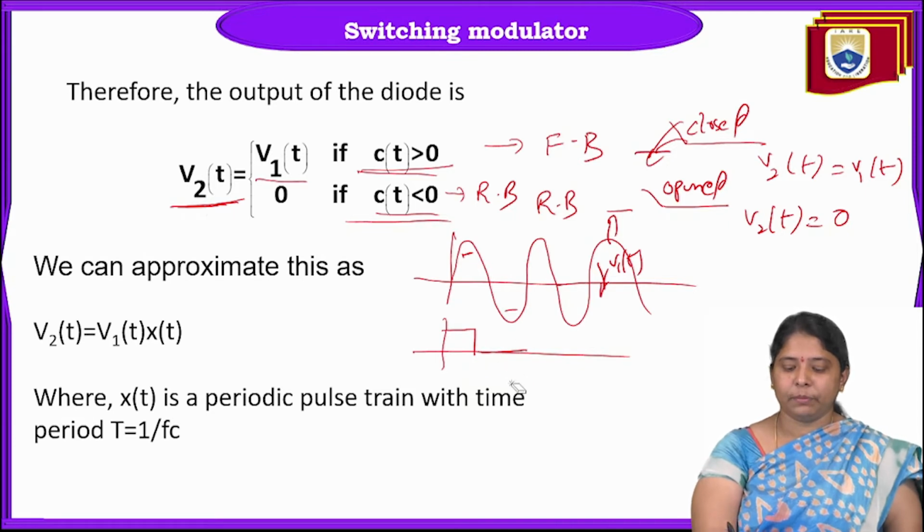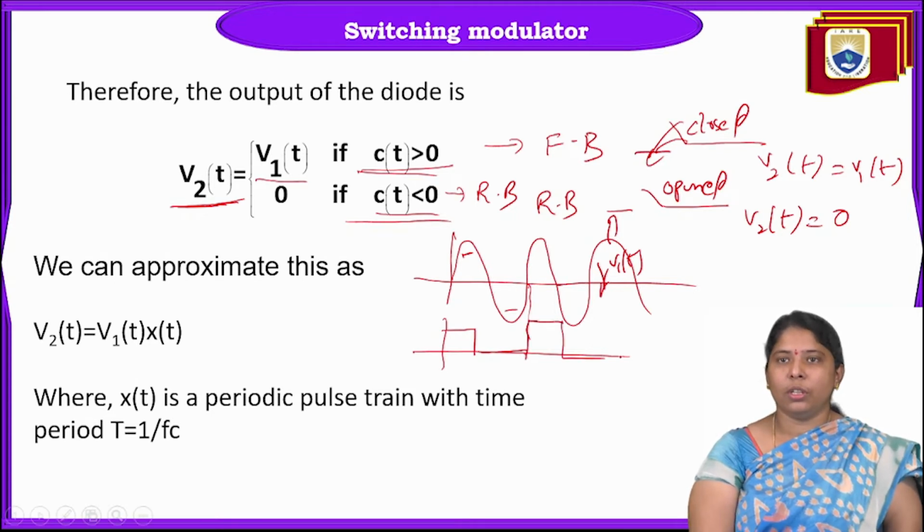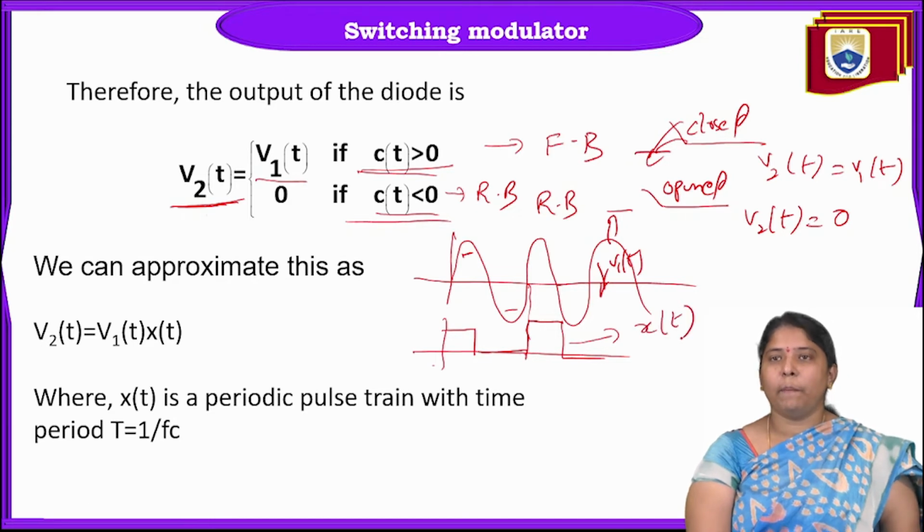Again, for the positive voltage of the carrier the switch is closed, and again it opens. This type of open and close action is performed by the switch. Periodic on and off action, that is a periodic square wave, we will call X of t.